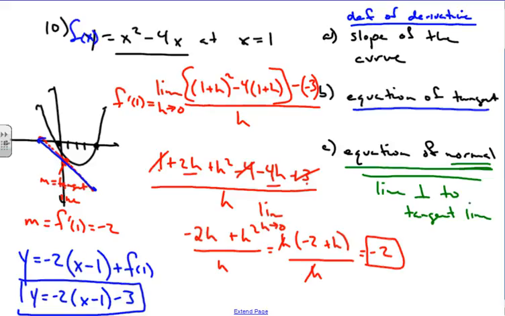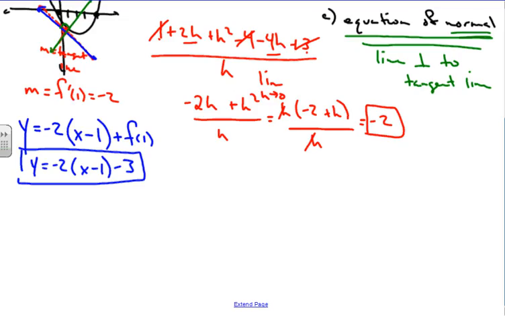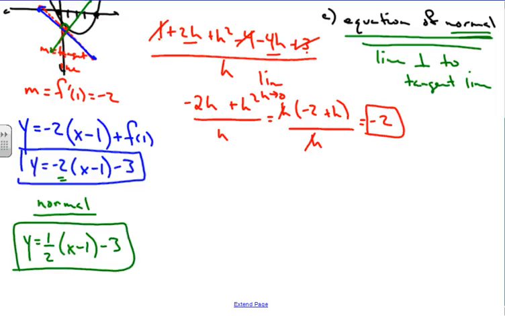To find that equation is actually pretty simple, because I'm going to draw a line that's perpendicular to this tangent line. If you recall, a normal line, which is perpendicular to the tangent, just has the opposite reciprocal slope. So we take our slope, take the opposite reciprocal, which is 1/2, and our point is the same, and that is our normal line.